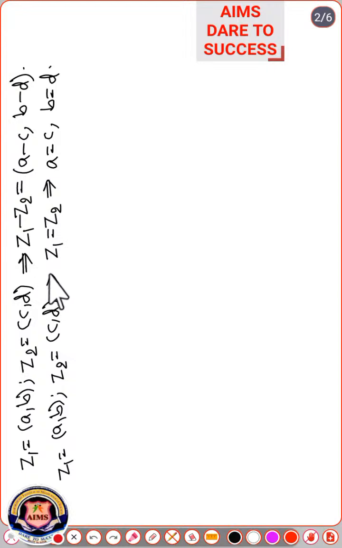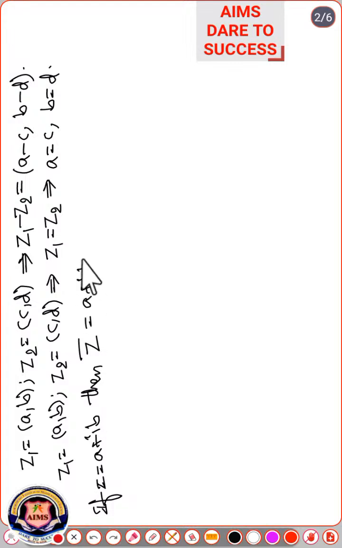Now, if z is equal to a plus ib, then z bar is equal to the bar of a plus ib.